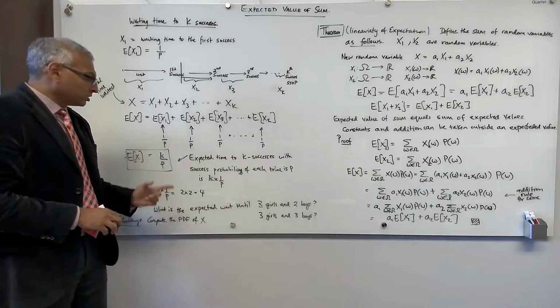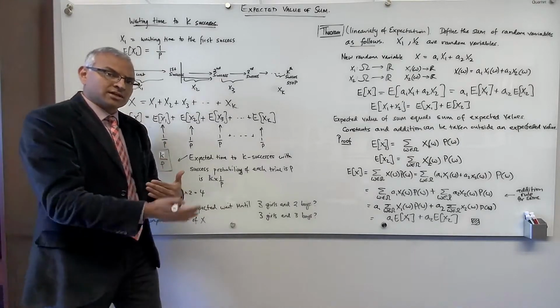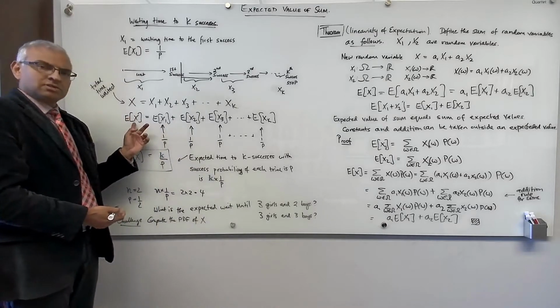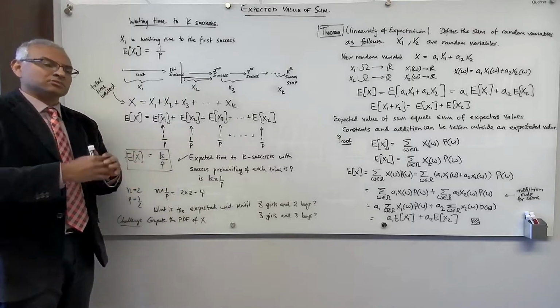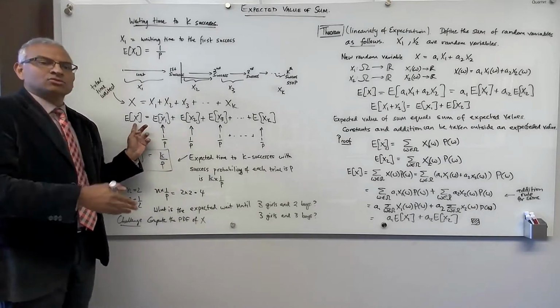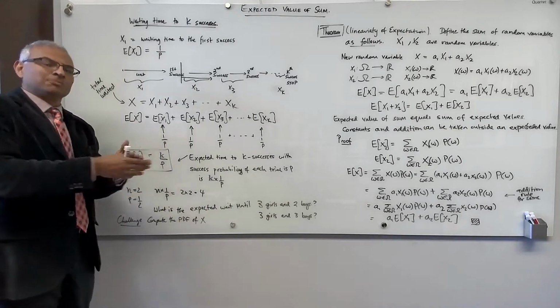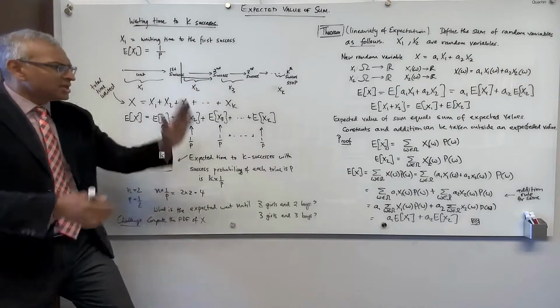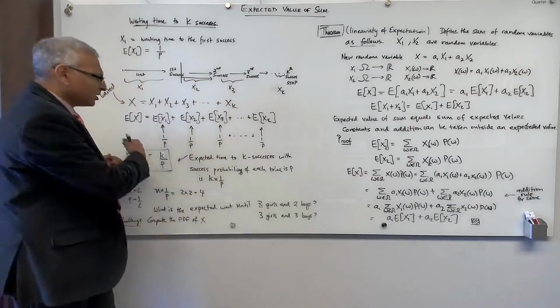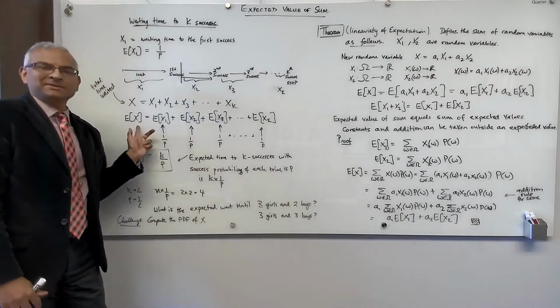Compute the PDF of the number of trials until you've gotten k successes. There's a probability that it's k, then it could be k plus 1, k plus 2, and so on. So you get a PDF for this random variable x. Compute the PDF for that random variable x, and then use the definition of expected value to compute this expected value directly.